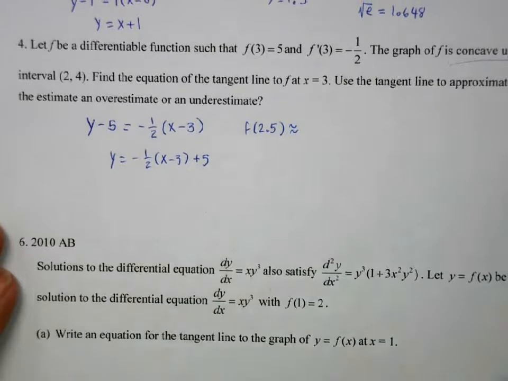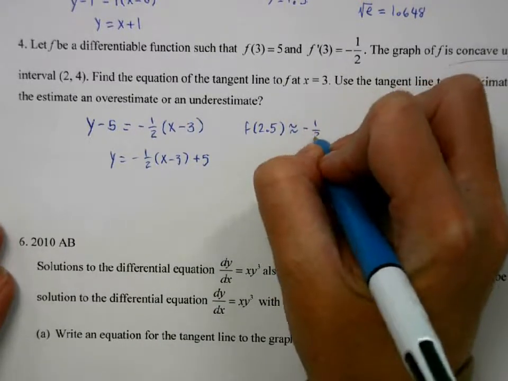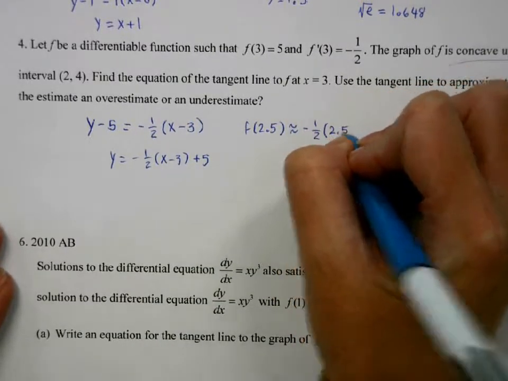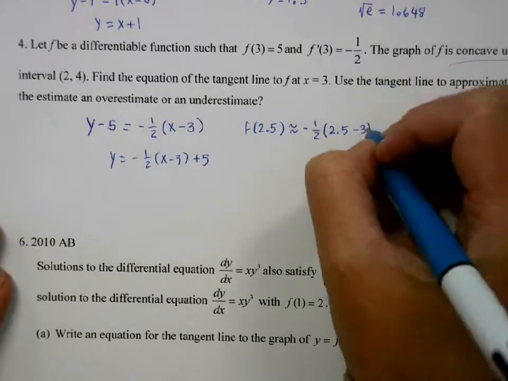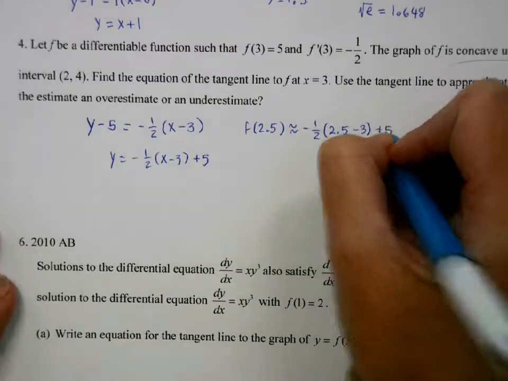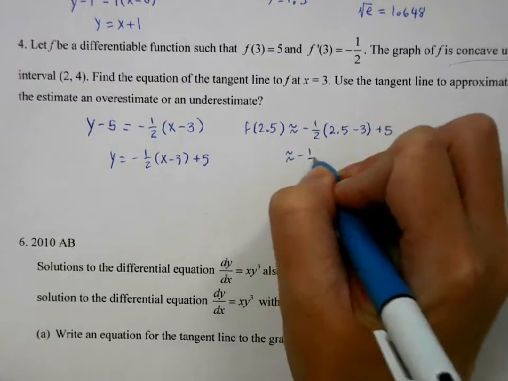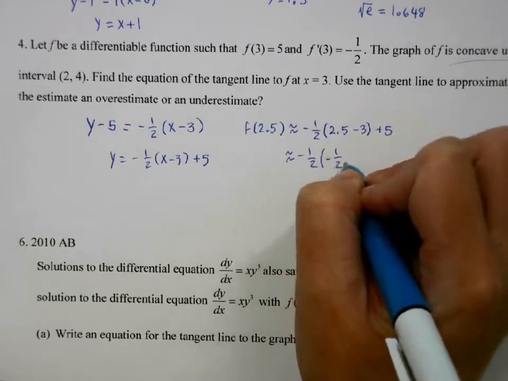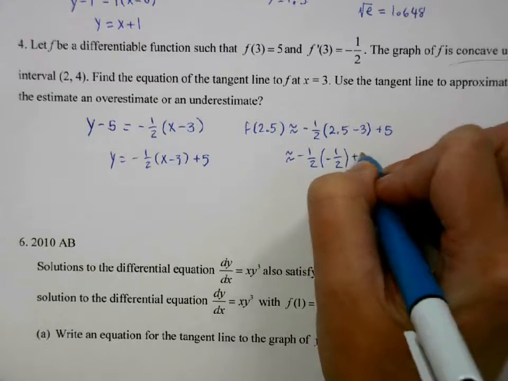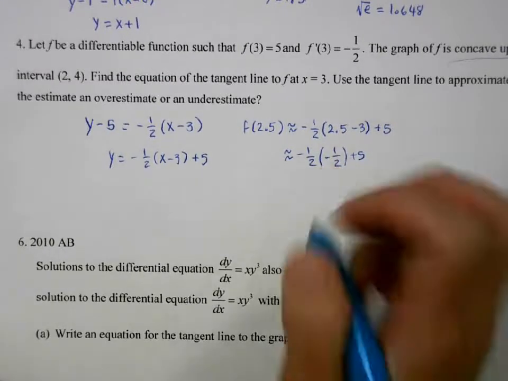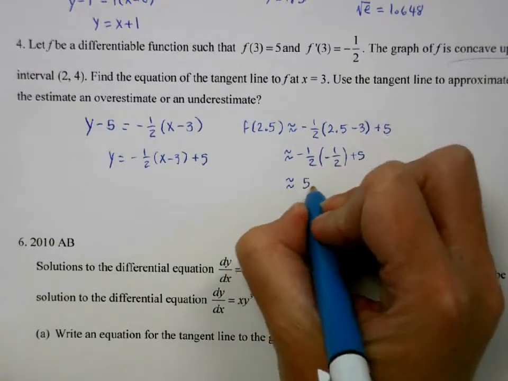So it'll be negative 1/2 times (2.5 minus 3) plus 5. So that's negative 1/2 times negative 1/2 plus 5, so that'll be a positive 1/4. So we're saying it's approximately 5.25.